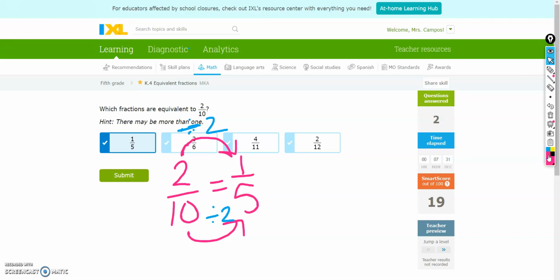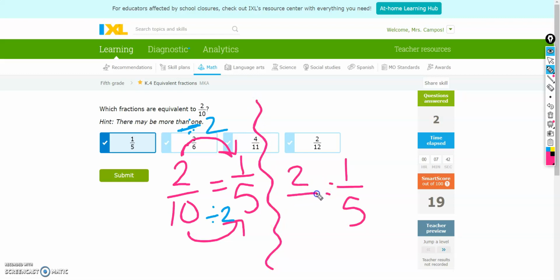Now, what I could have done is thought of it in the other direction. Put a squiggle here. So I'm going to go this way. What do I do to get a 1 to become a 2? I multiply by 2. And then the same is true. Oh, I messed up.